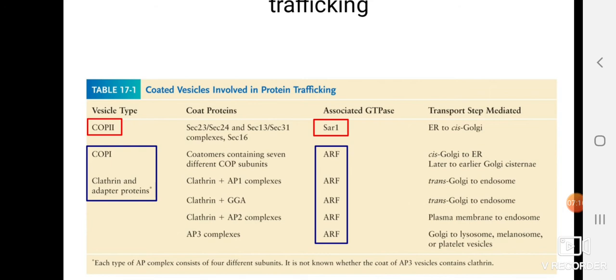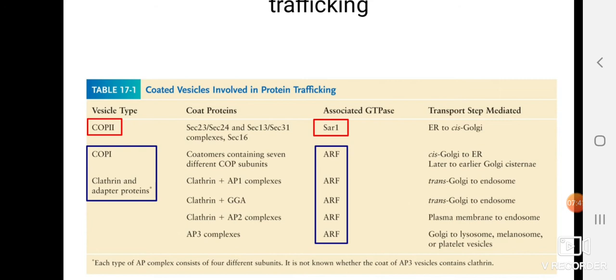So it can have clathrin plus adapter 1 protein, the AP1 complex, where ARF is going to be the GTPase. See here, different types of adapters are going to be utilized by clathrin for different vesicle formation and at different target membranes where vesicle formation takes place.